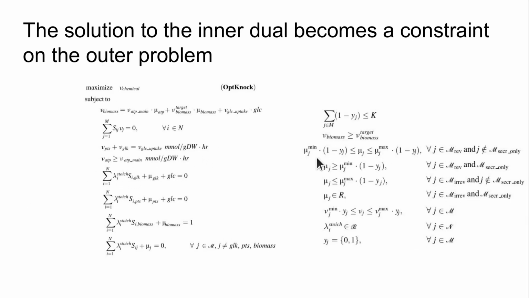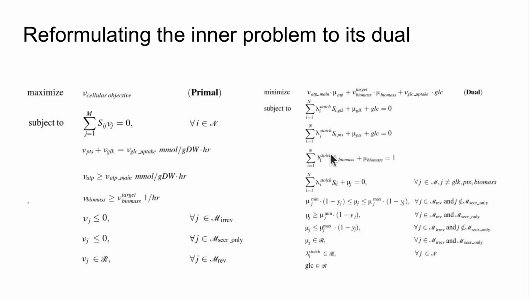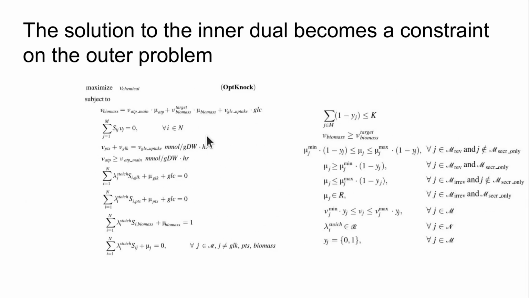That's on one hand, and then we also have these stoichiometric constraints from the dual, which are these. So now, instead of having this double nested problem, we only have a single level problem with a somewhat more complicated set of constraints inside it.